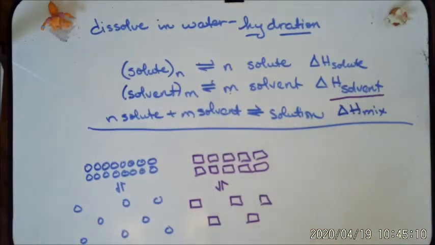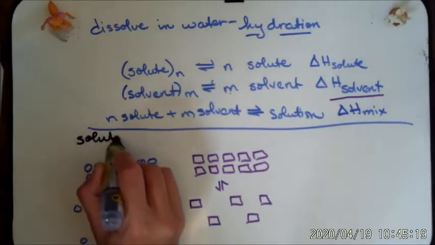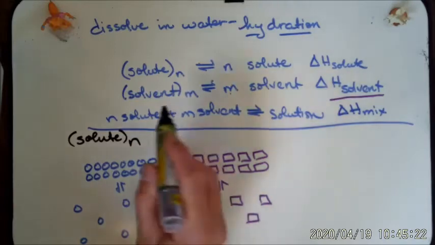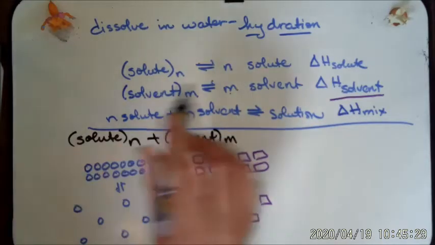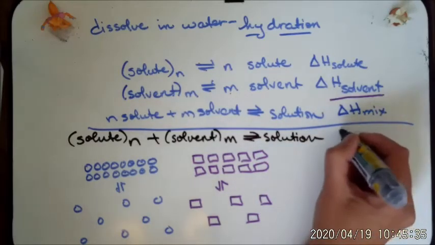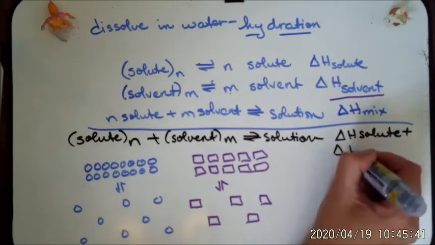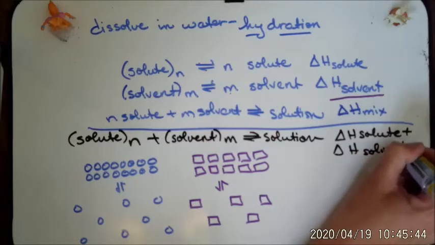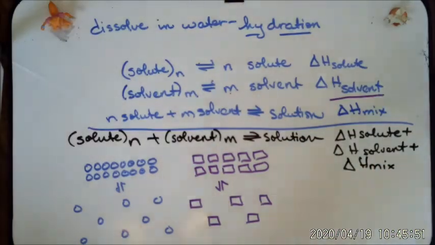When we're done here, to take my solute and my solvent to make a solution, it's going to be equal to the heat of solute plus the heat of solvent plus the energetics of mixing. Okay, so that's all we're saying.